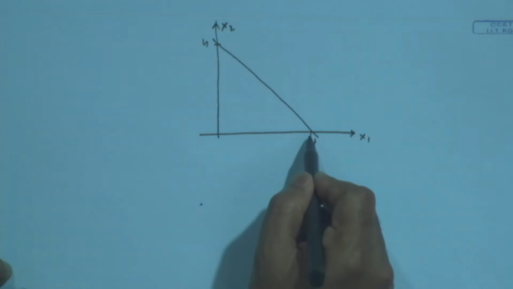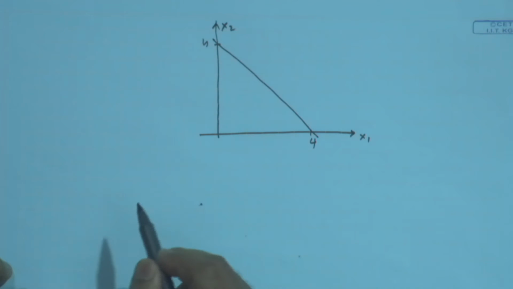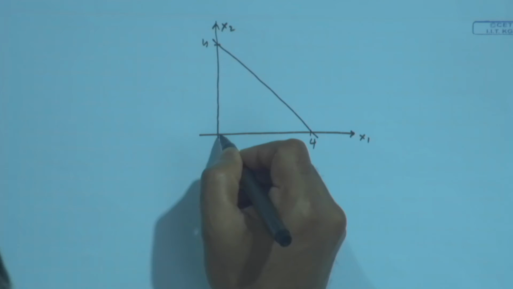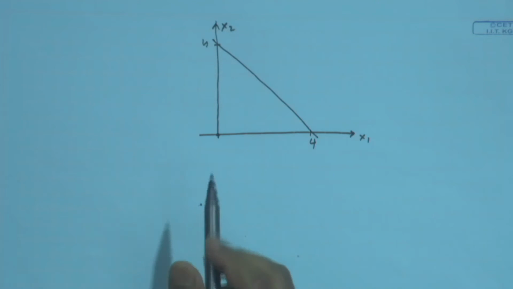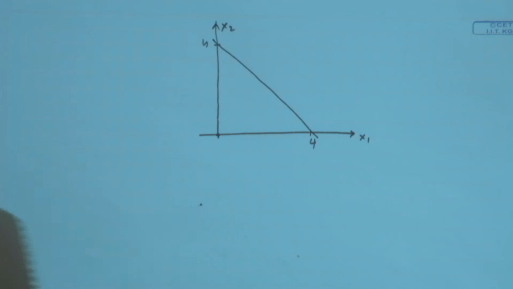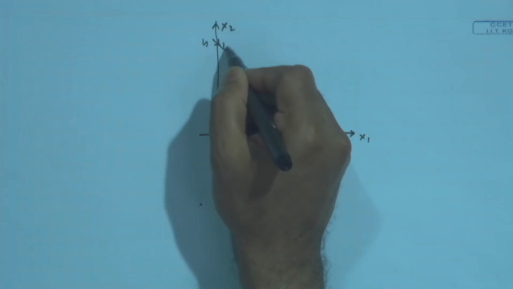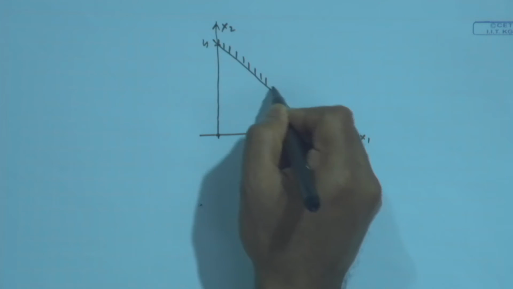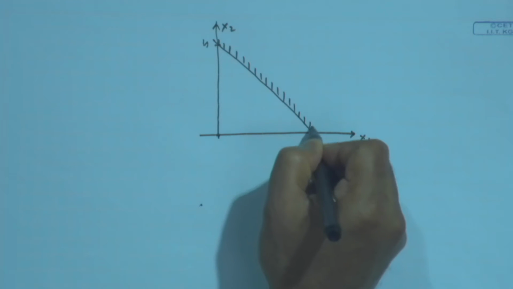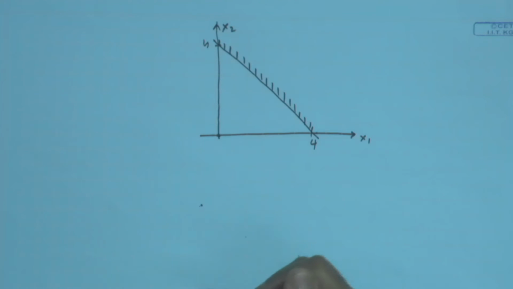Okay, so it cuts the x-axis at 4, y-axis at 4, right? And now to determine which side is feasible, let's take a point on one side. Let's say I take the origin, so that is 0 for x1, 0 for x2. Let's substitute it in the equation. So I'll have 0 plus 0, which is 0, and that's less than or equal to 4, right? So that satisfies. So this point is feasible. So then you can put dashed lines like this here, showing that the left-hand side is feasible.